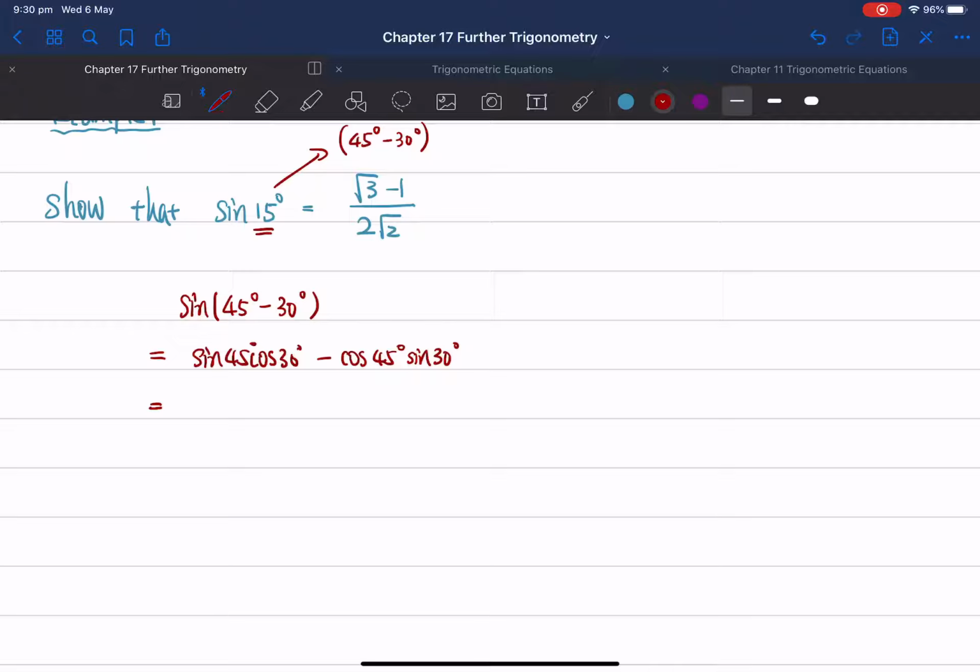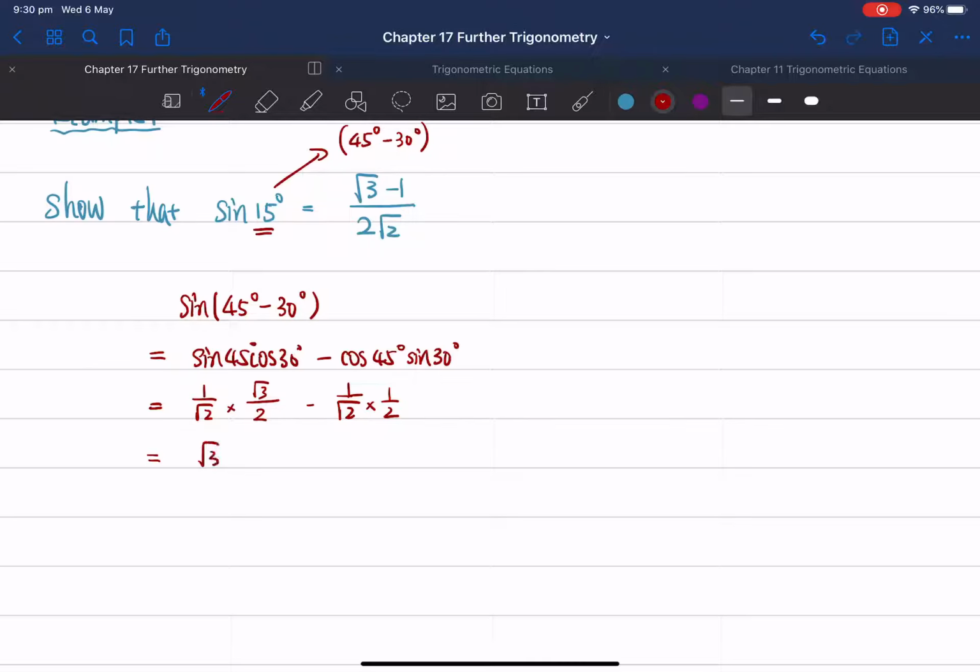Now, using the special angle tables, you should be able to work out sine 45, cosine 30, and the rest of them. Sine 45 is root 2 over 2. In this case, I guess they're using 1 over root 2. So 1 over root 2 times cosine 30, root 3 over 2, minus 1 over root 2 again, times by half.